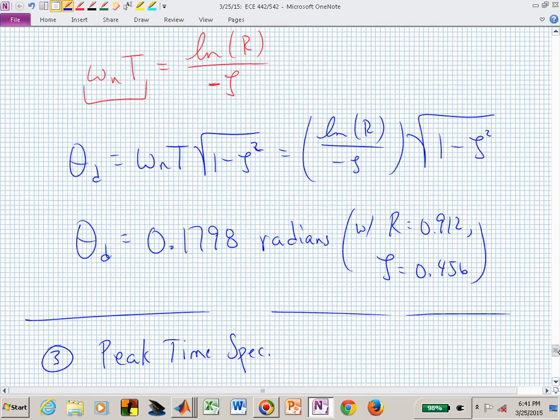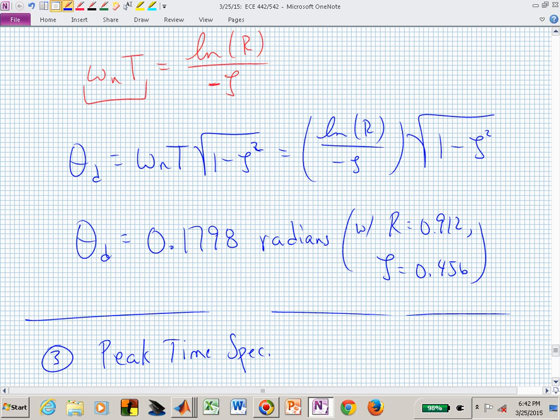From the first two design specs, we had an angle of 0.1798. Is this angle going to satisfy our peak time specification coming from the first two design specs? Will this be fast enough based on settling time and percent overshoot? We get an angle of 0.1798.